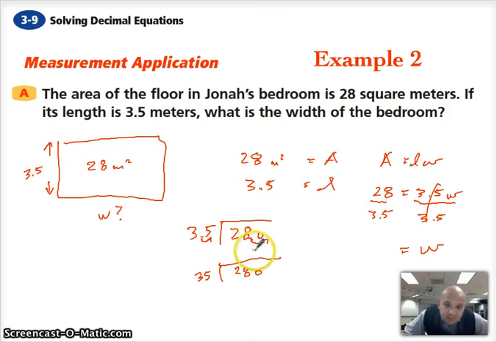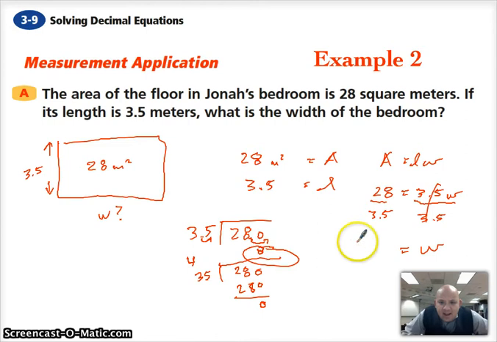Let's try 8 this time. 8 times 5 is 40. 8 times 3 is 24, plus 4 is 28. 280 subtract 280 is 0. So there's my answer, actually, without the label yet. 8 meters is the width of that bedroom.